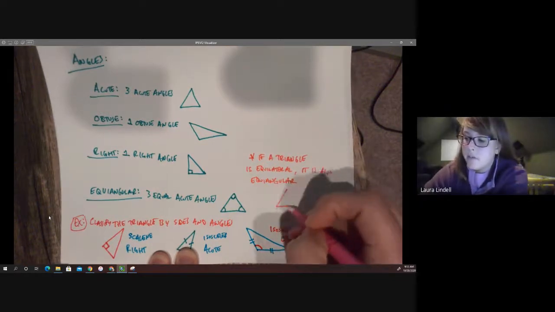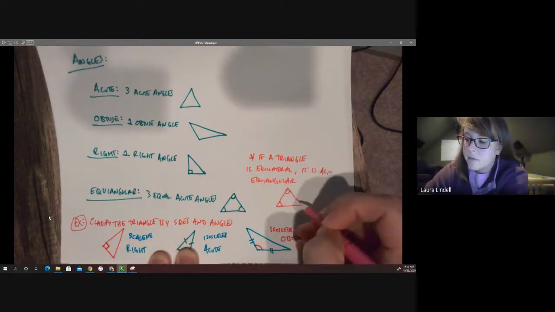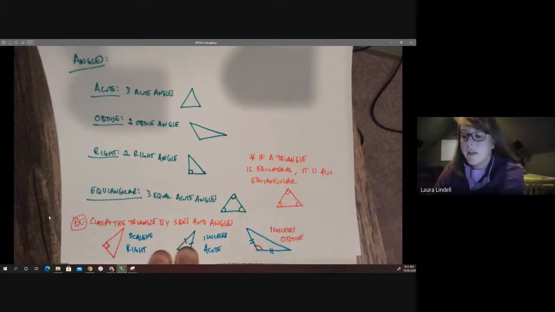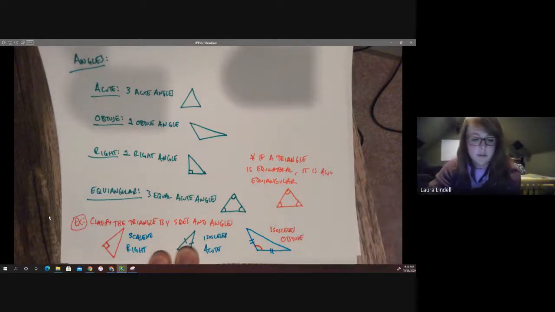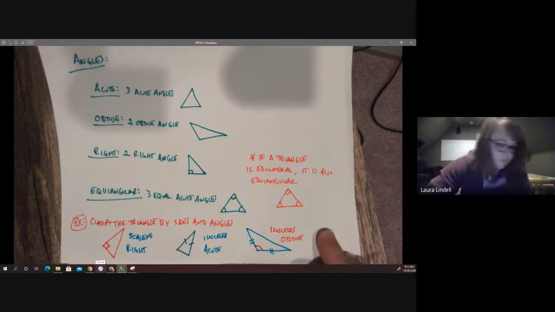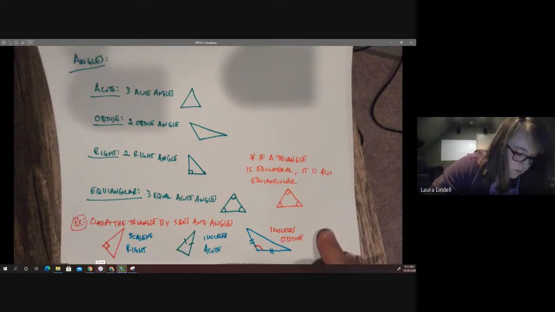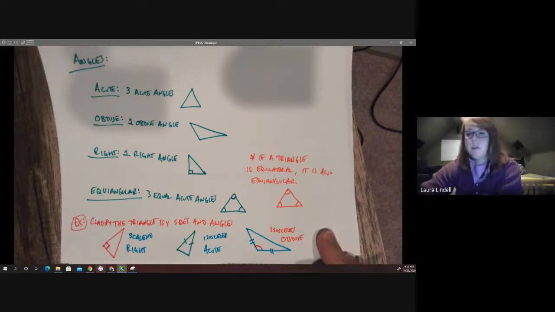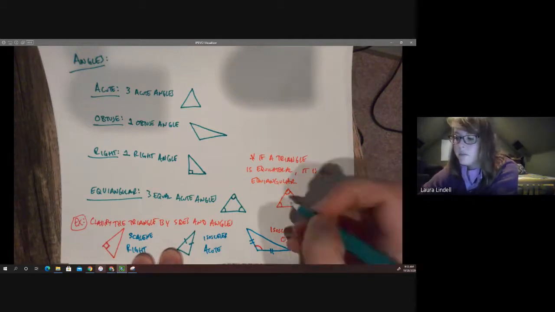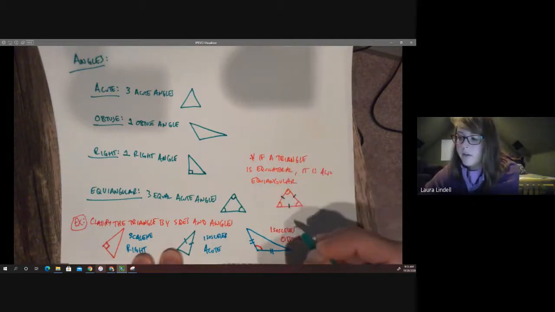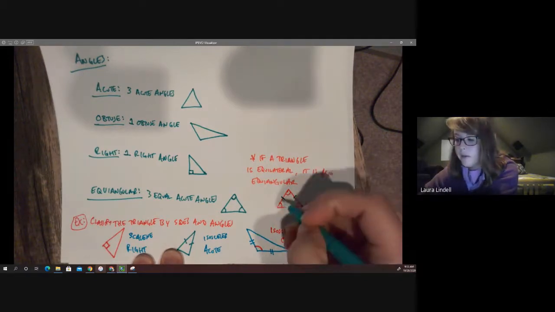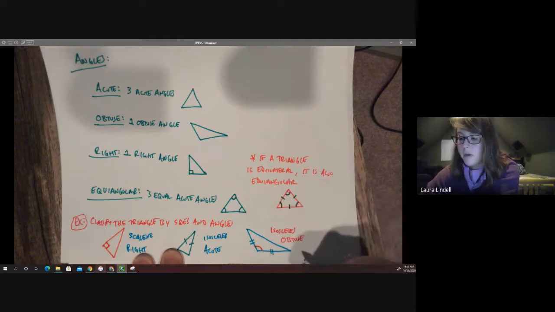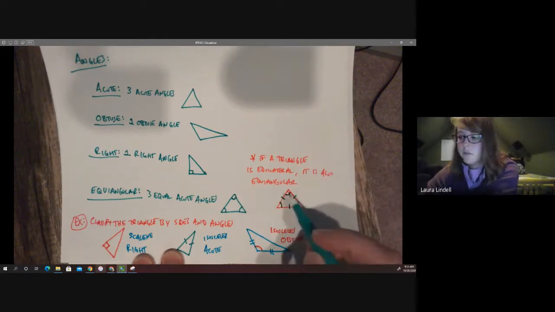So anytime you see something where we have equal angles or equal sides, the other one is also true. If we see equal angles, we also know that equal sides happens. If we see equal sides, we also know equal angles will happen. So those two things coincide.